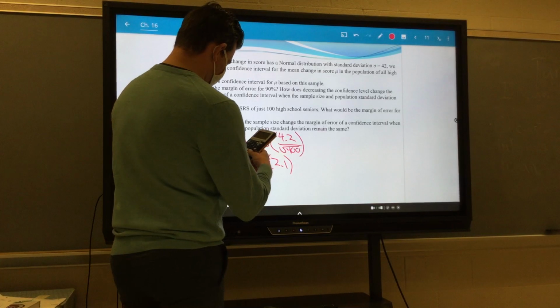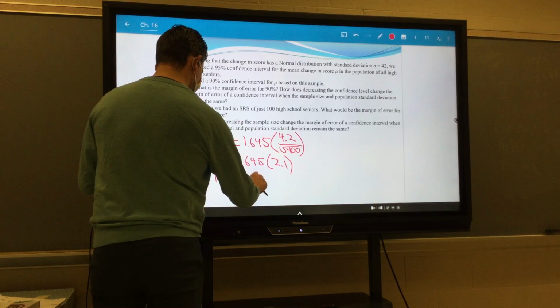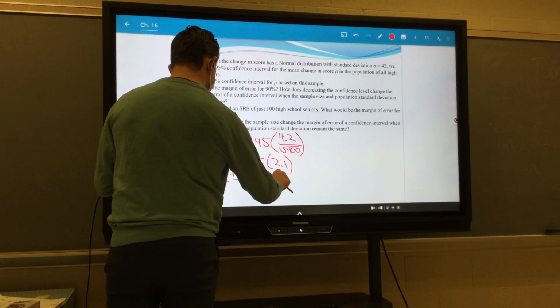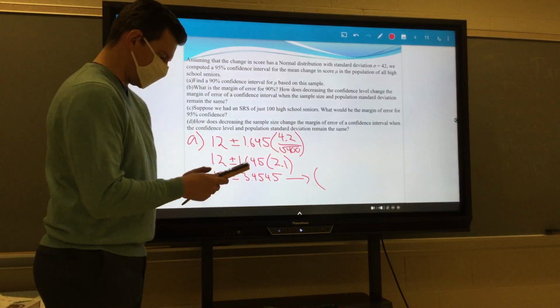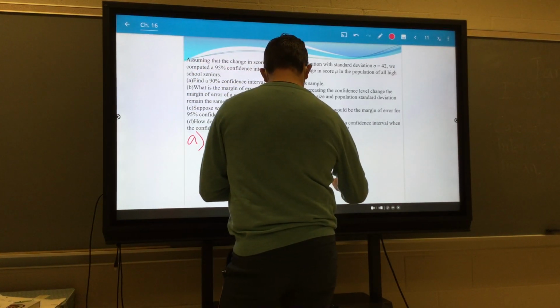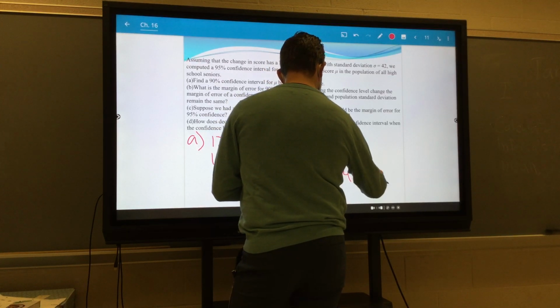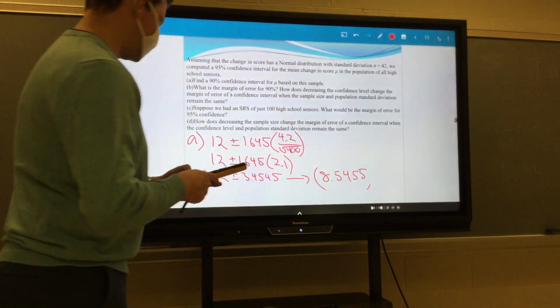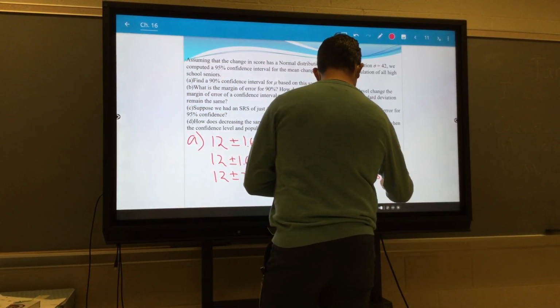1.645 times 2.1 gives us a step size of 3.4545, or that margin of error is essentially what that is. 12 minus this, 8.5455. 12 plus 3.4545, 15.4545.